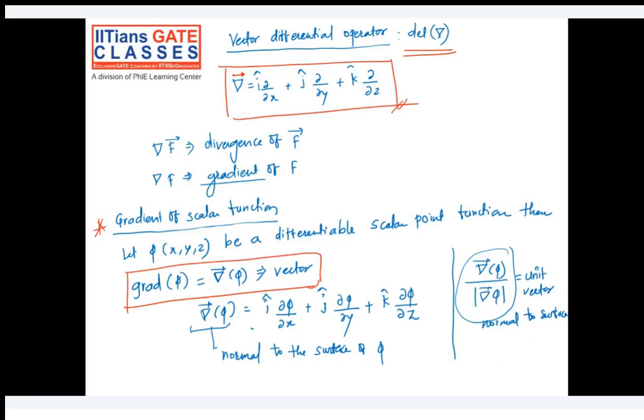Obviously you will see more temperature near that section and less heat in other sections, so there will be a gradient in the temperature field. As we are dealing with a scalar point function like temperature, we say it's the gradient of the scalar function.